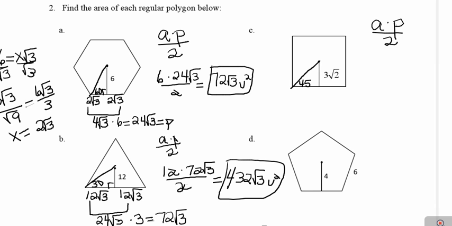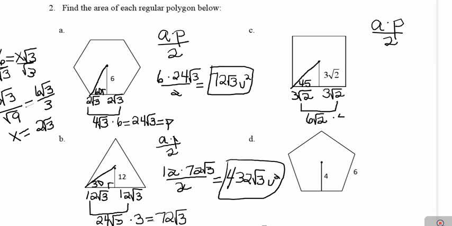The side across from the 45 is equal to x, and so I know this side will also be equal to x, since it's across from the 45. Since the apothem bisects the side, the other side would be equal to 3 square root 2, and then the entire side of my square is equal to 6 square root 2.